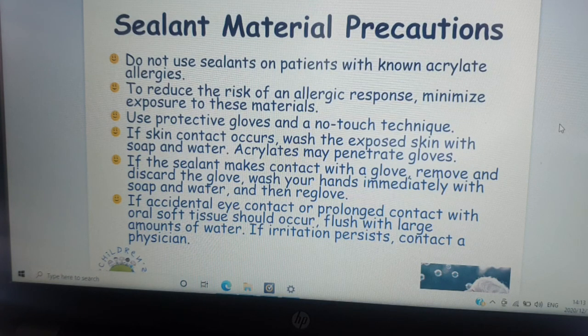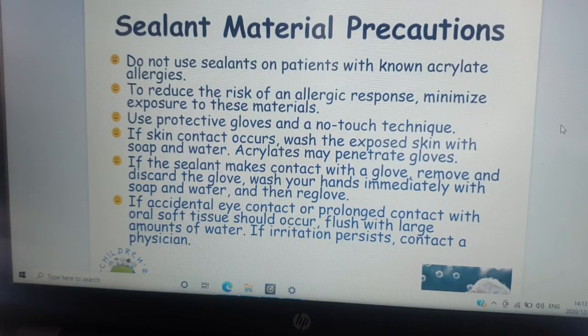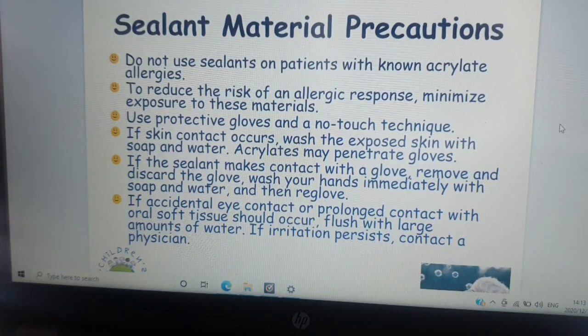Okay, and then if there's any accidental eye contact, again, just like with the etch, I've never heard of such an incident, but they do happen. In such an incident, again, flush with copious amounts of water, and should the irritation persist, you would have to go and seek out medical attention, as we had mentioned before. But I think more than anything with these precautions, it goes back to the initial fact that as a dental assistant or as a practice, we are expected, especially where kids are involved, to take a thorough medical and dental history.